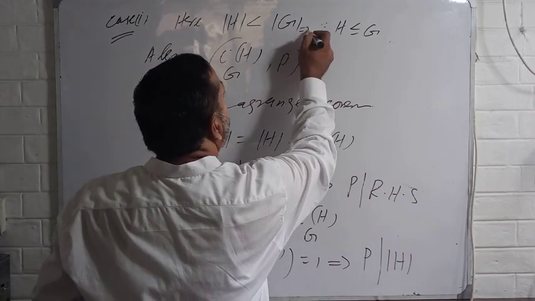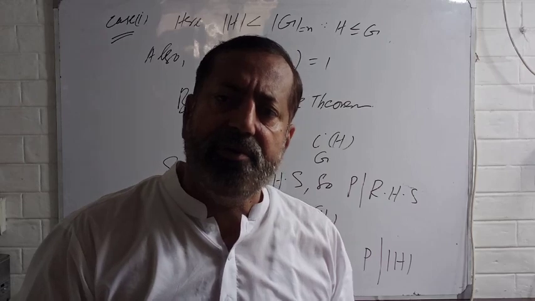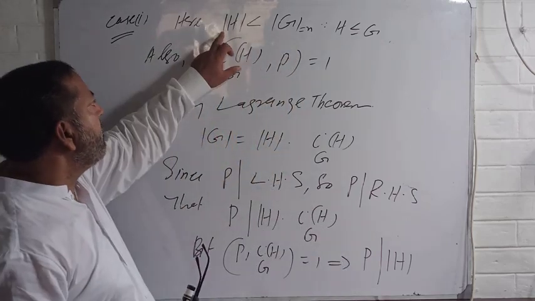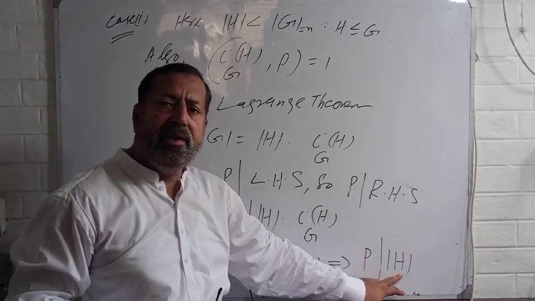You have supposed that order of G is n and P is a divisor of order of G, right? Now order of H is less than n and P is a divisor of order of H.